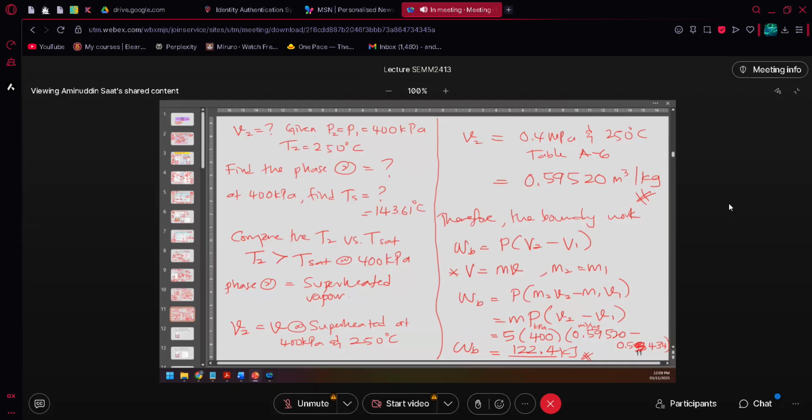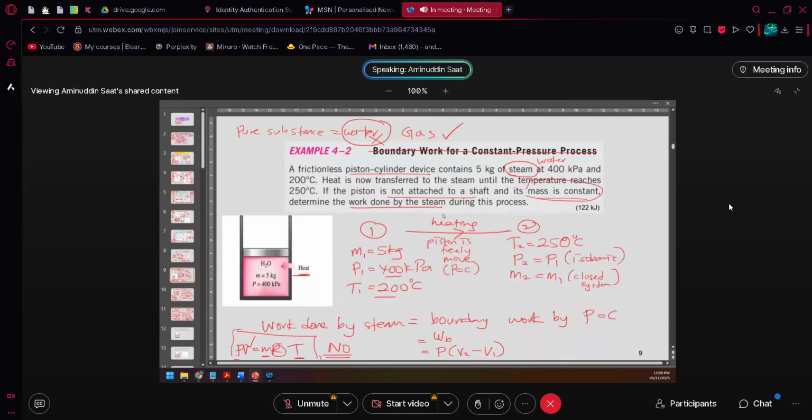Any question? So basically, if you look to the original problem, the process is heating of the water from one state to another state, which creates some energy transfer in terms of heat, and this energy transfer creates some movement of the piston from one position to the next position, which is related to the expansion.